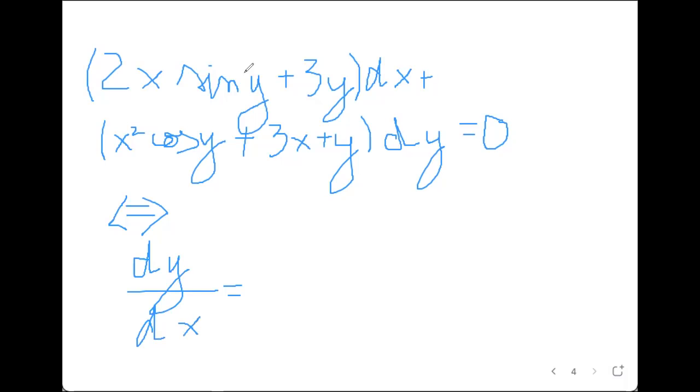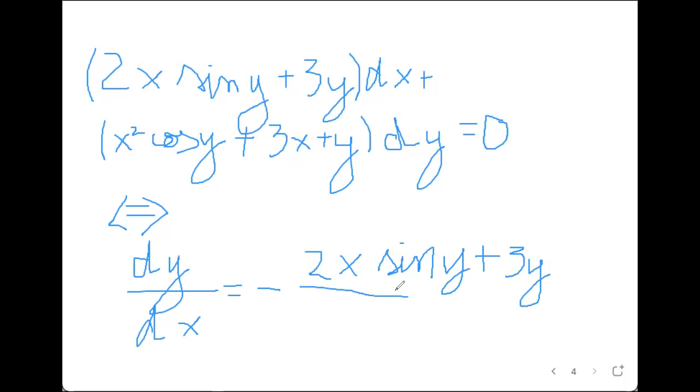Well, it's equal to minus 2x sine y plus 3y over x squared cosine y plus 3x plus y.